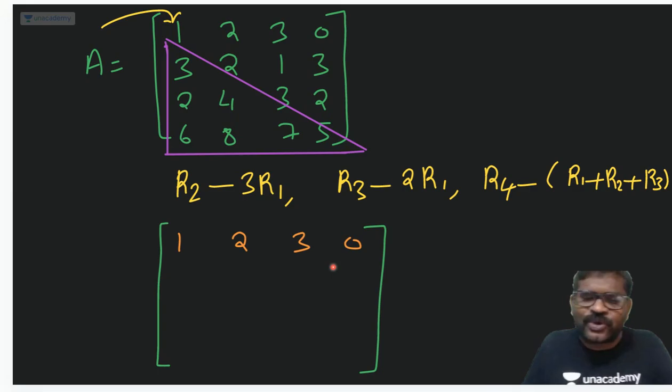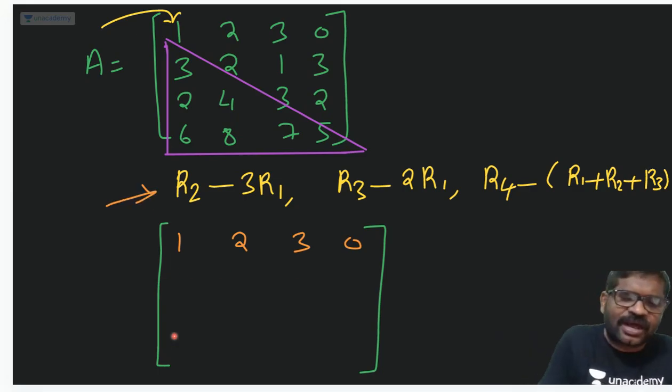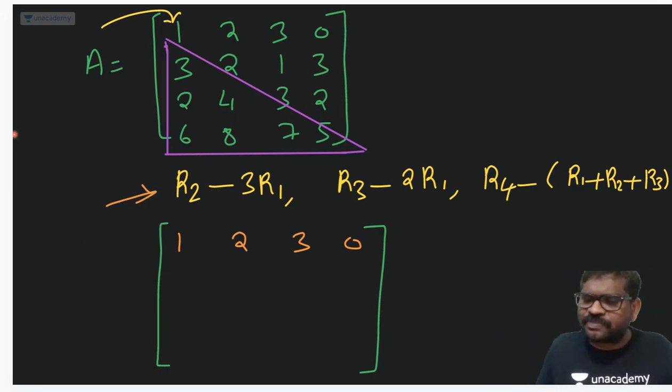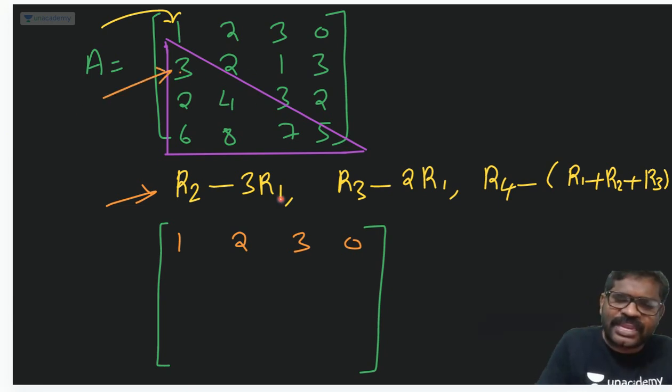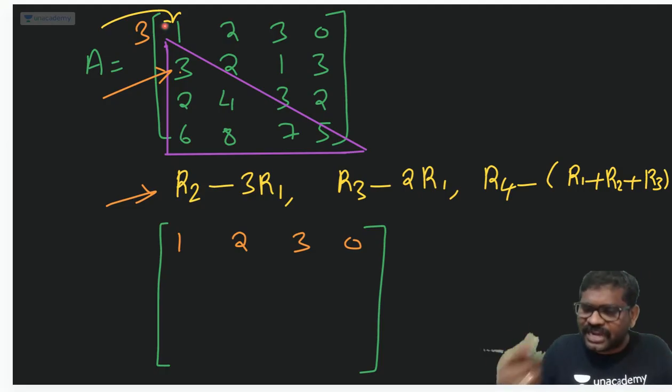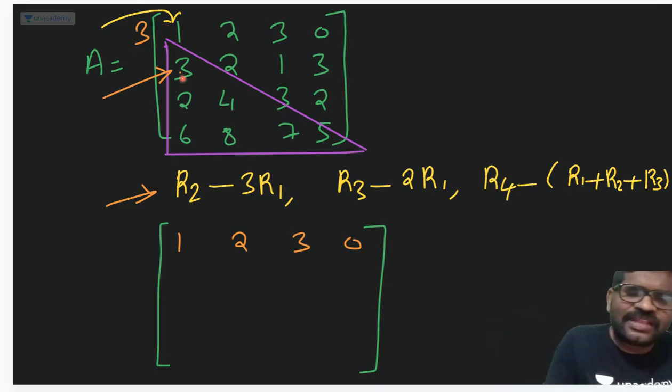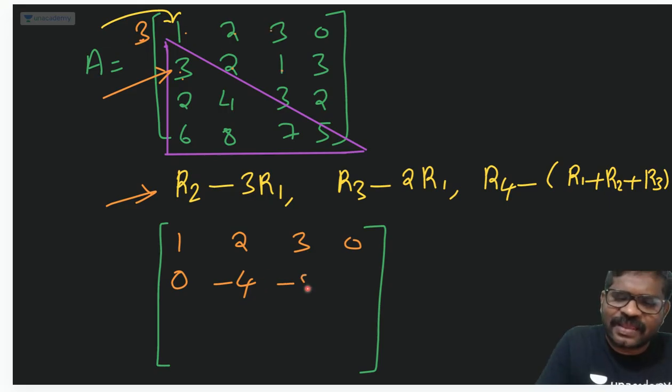Second row, you have to apply this operation: new R2 equals old R2 minus 3 times old R1. Now, 3 minus 3, 0. 2 minus 6, minus 4. 1 minus 9, minus 8. 3 minus 3 into 0, 3 minus 0, 3.